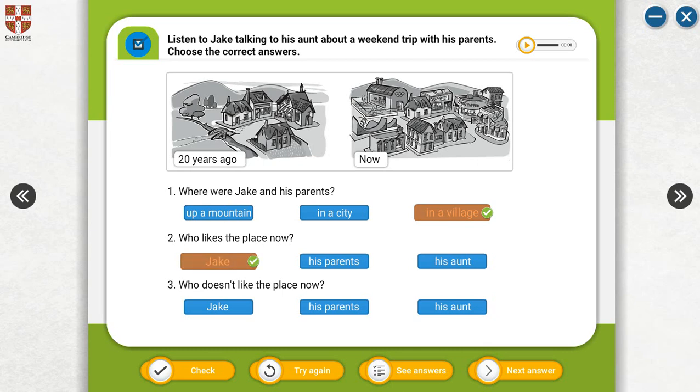Who doesn't like the place now? His parents. That's true. Now we can check your answer. These two pictures show us the differences between the town now and 20 years ago. You can understand the answer in the pictures.